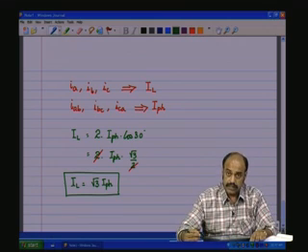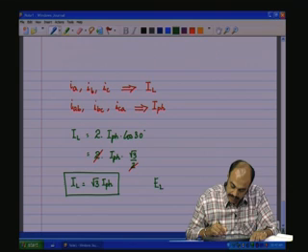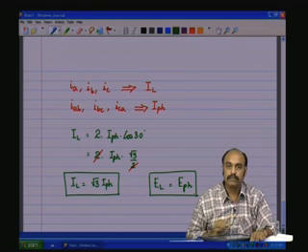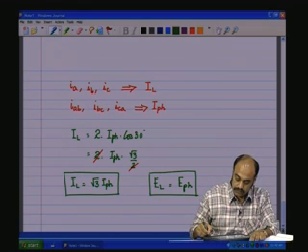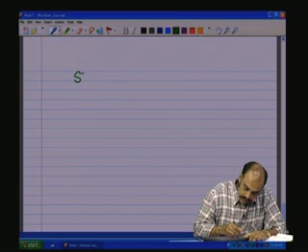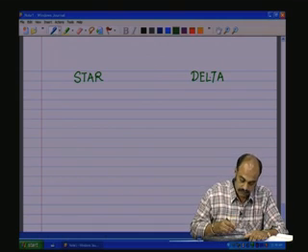Pretty important relationship. And here E line will be equal to E phase because they are the same. So, if we summarize these star and delta circuits, so you have the star and you have the delta circuit.